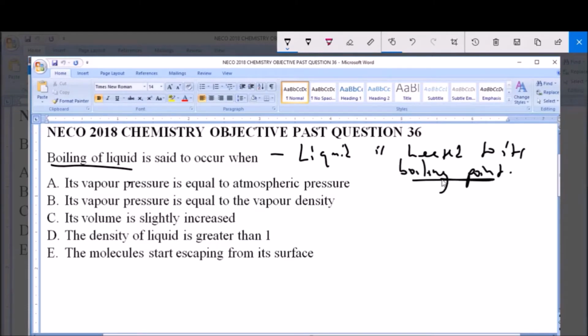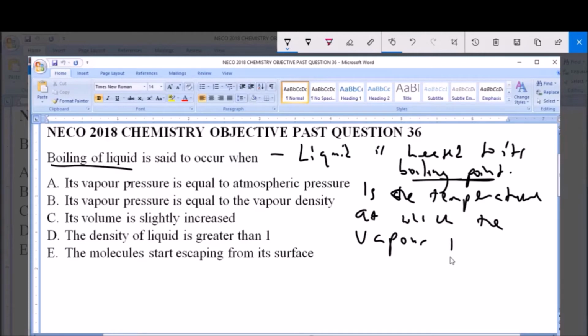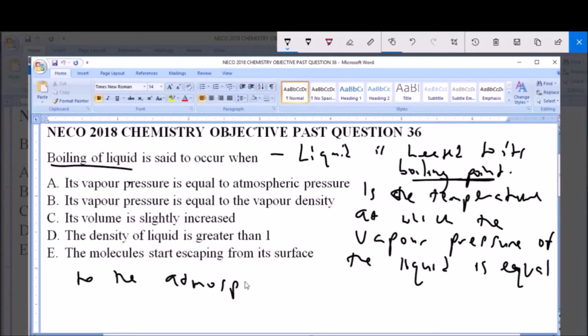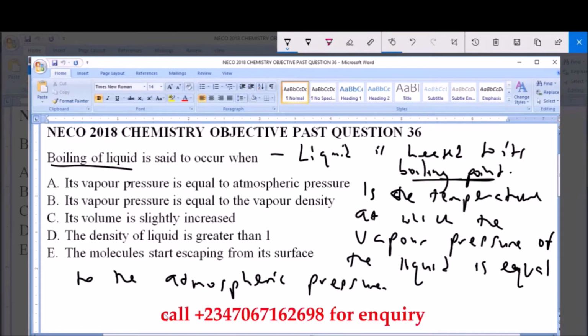And the boiling point of a liquid is the temperature at which the vapor pressure of the liquid is equal to the atmospheric pressure, or the pressure exerted by the surrounding atmosphere, that is the atmospheric pressure.